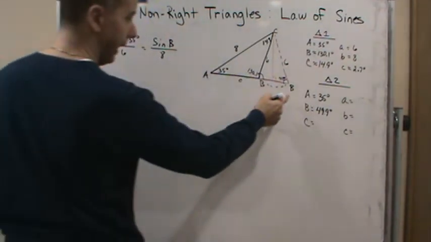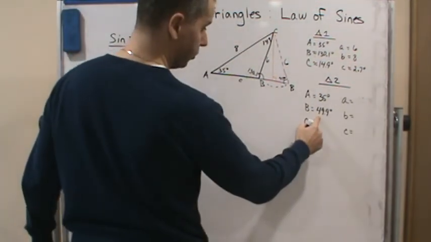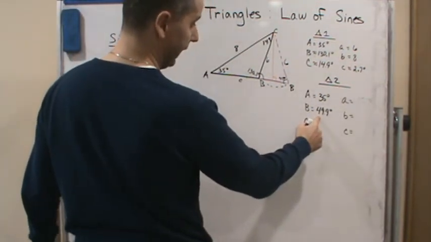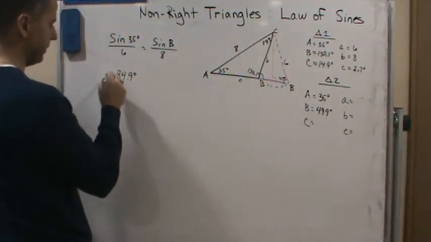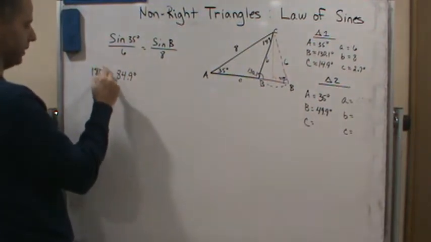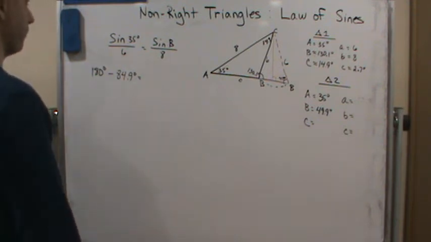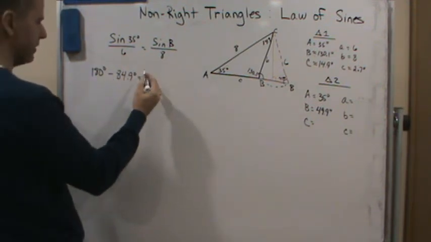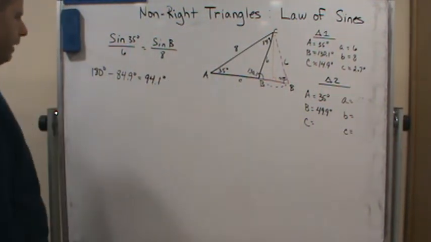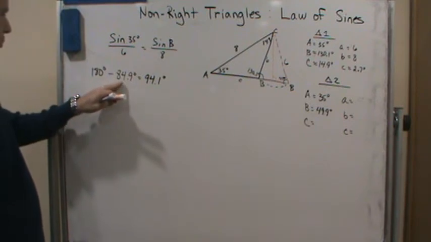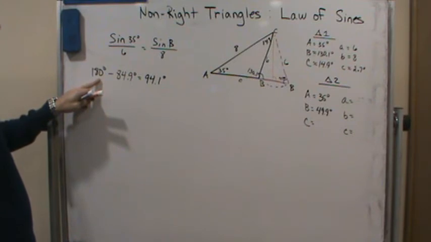Now we have to add these two and subtract from 180, right? So if we add these two here, we get 84.9 degrees. We want to subtract that from 180 degrees, and in this case we get 94.1 degrees, right?